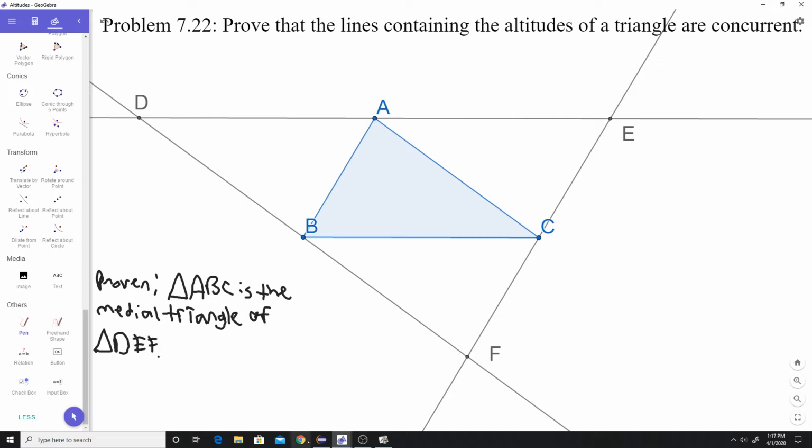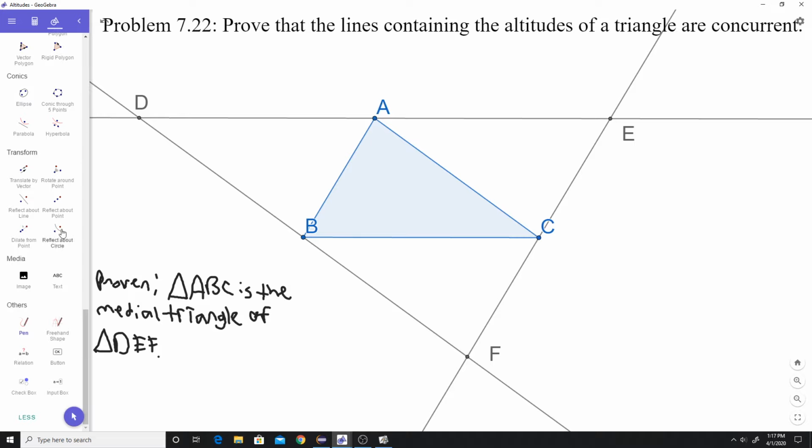Now, why was I trying to show that again? Well, I'm trying to show that all the altitudes are concurrent. And I can do that by drawing the perpendicular bisectors of DEF.